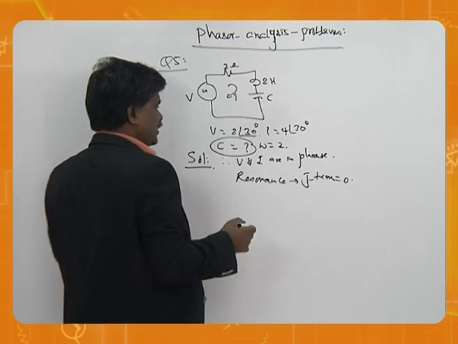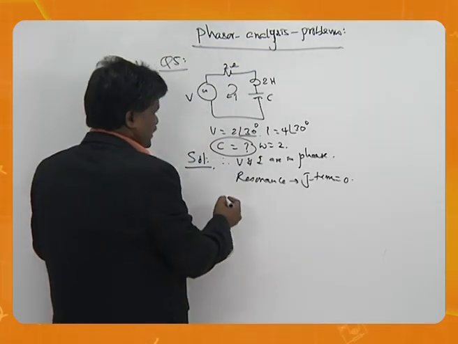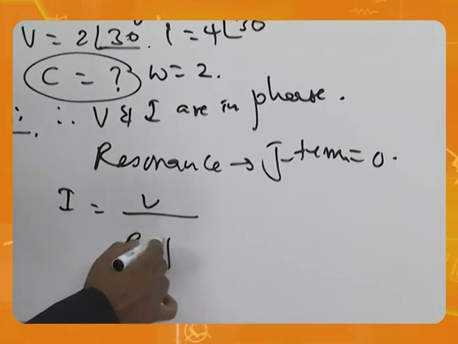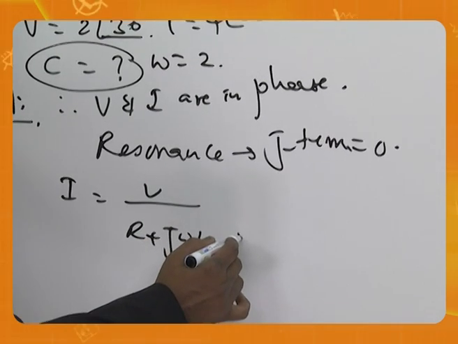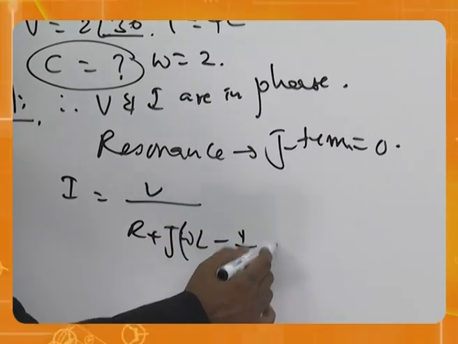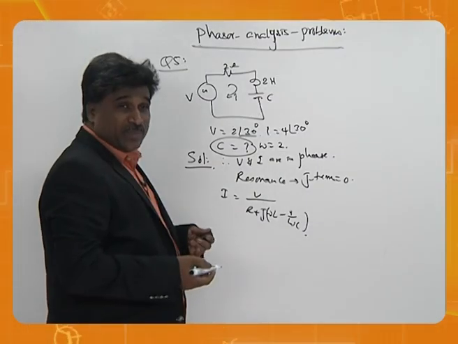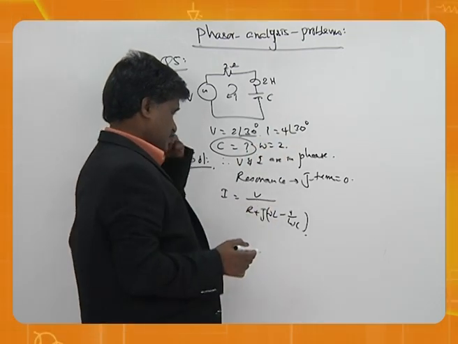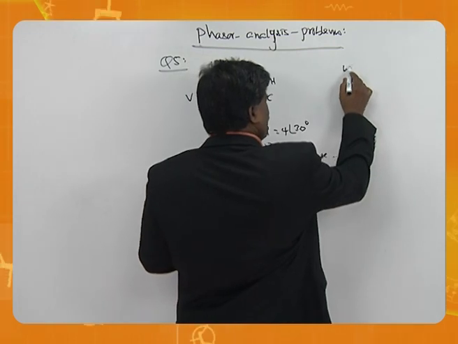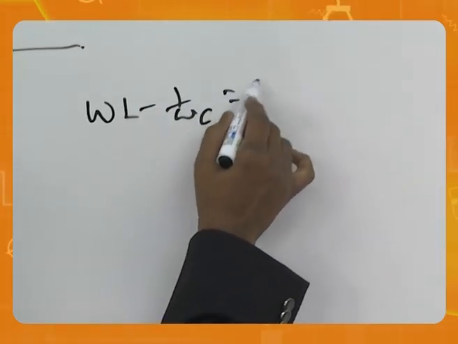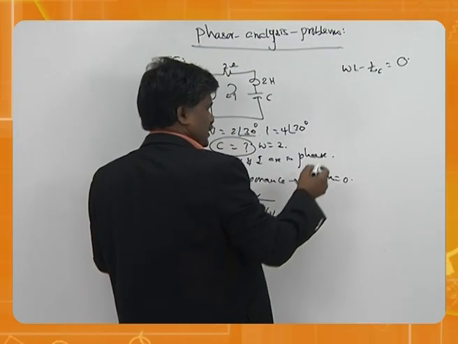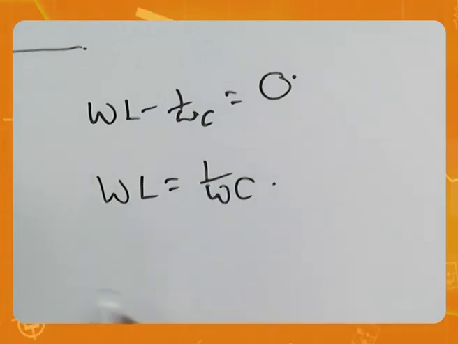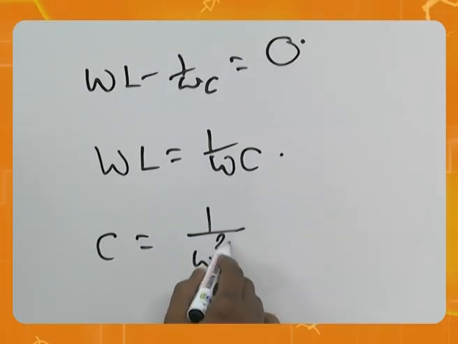For example, I is equal to V by R plus j omega L minus 1 by omega C. Now what should happen? This term should become 0 because the angle is the same. Therefore, omega L minus 1 by omega C is 0. In fact, omega L is equal to 1 by omega C. Therefore, C is 1 by omega square into L.